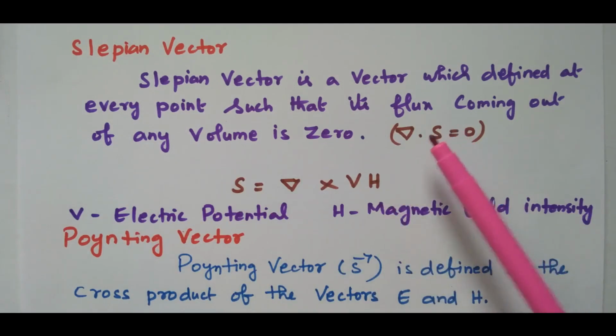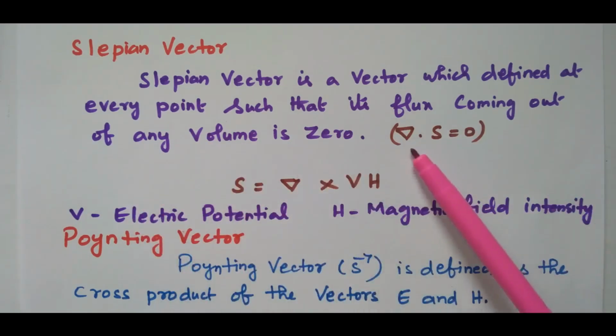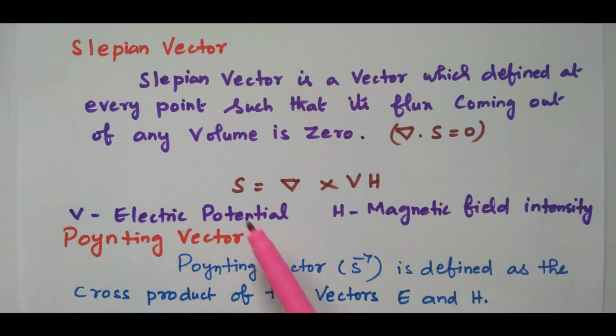S can be given as del cross V into H. What is V? V is the electric potential, H is magnetic field intensity. So now we have discussed the intrinsic impedance or characteristic impedance followed by the Solenoidal vector.